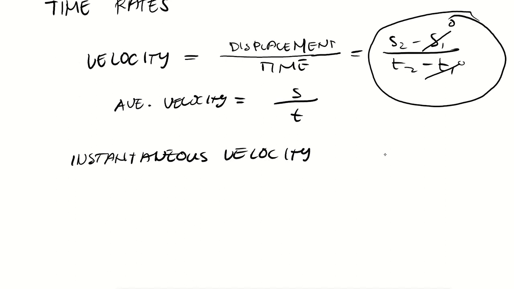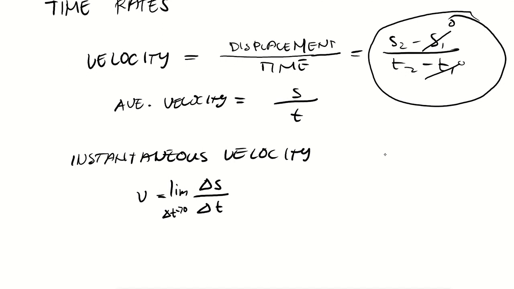The velocity is equal to S2 minus S1 over T2 minus T1, and we can rename that as delta S over delta T. Delta S means change in S, delta T means change in time. To make it instantaneous, we take the limit of this and make delta T very, very small. At that point, it's just the velocity at a specific point.